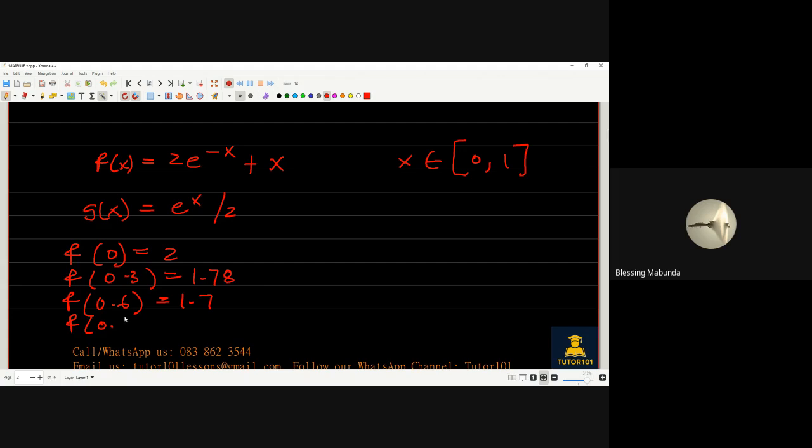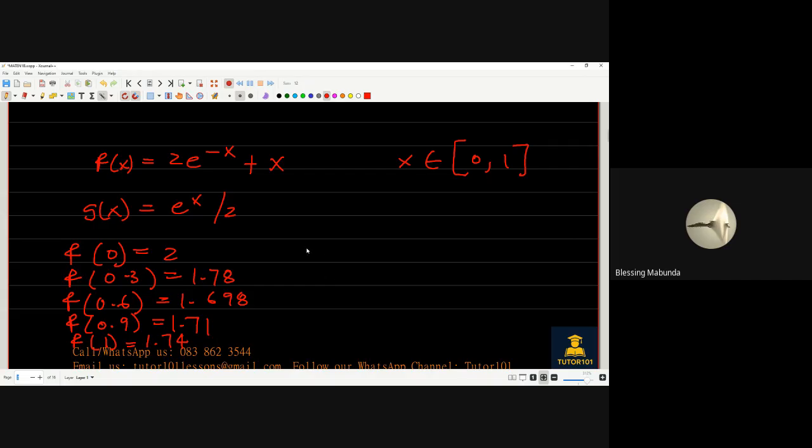And f of 0.9, let's just round that, and this is 1.71. And for f of 1, this is equal to 1.74.